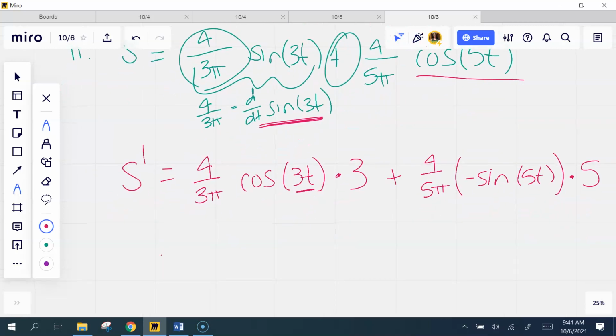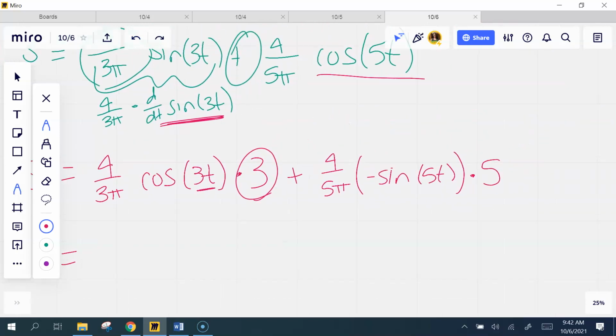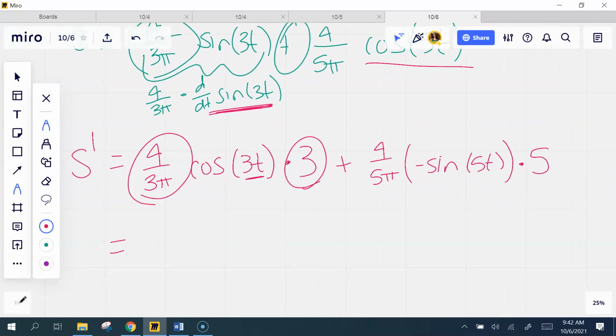Now we can clean it up. 3 times 4/3 pi would leave me with what? 4 over pi. Because when you're doing chain rule, that sits outside of any function that you had before. So it doesn't go with this function, in other words.